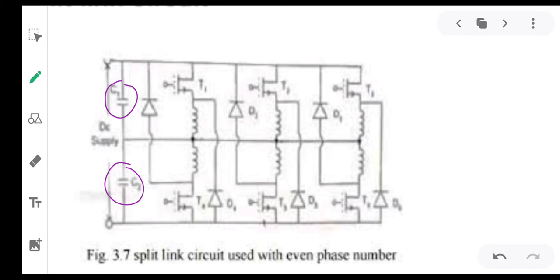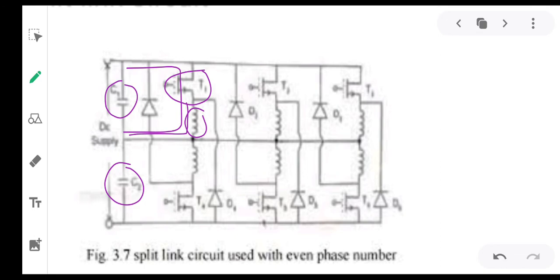For example, if you are exciting phase A, suppose you are turning on switch T1, so here this will be the path, right? So T1 will be turned on for exciting the upper side, so this one.